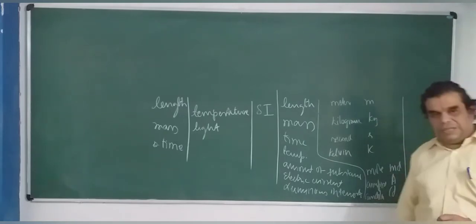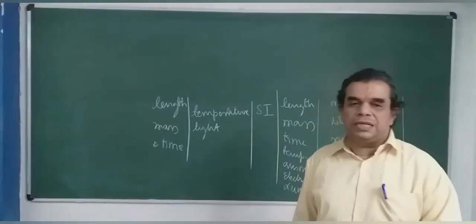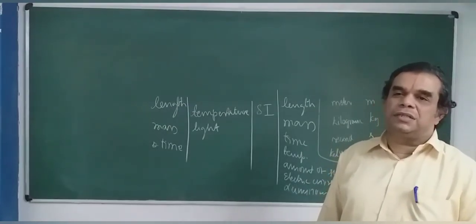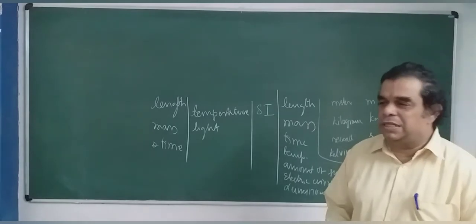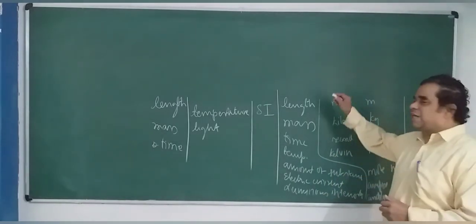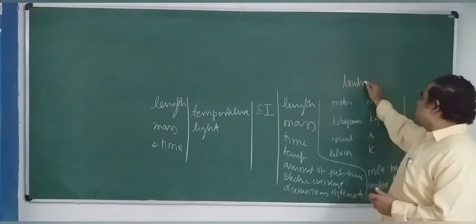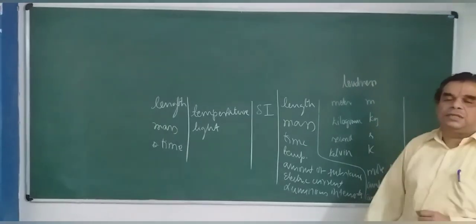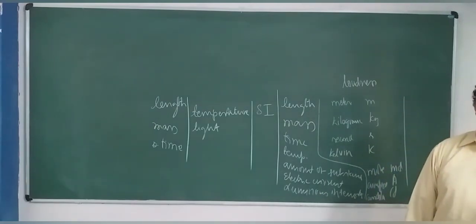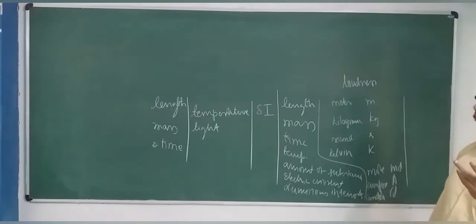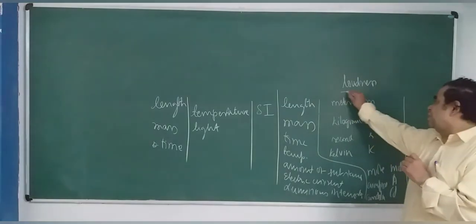But there is one peculiar thing in this world. There are some things that we cannot measure. They are called non-physical quantities. In fact, there is one non-physical quantity called loudness. It is subjective, not objective. Objective means it is the same for all. Subjective means their response is different from others' response. That's what we call loudness.